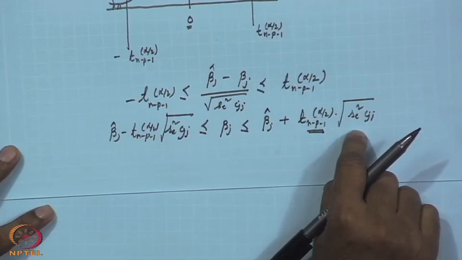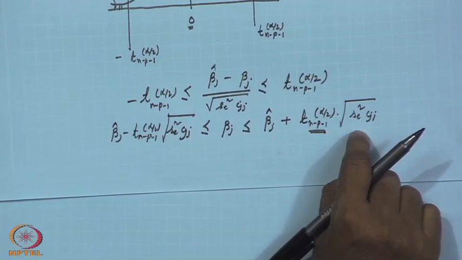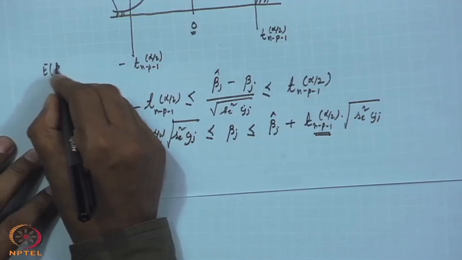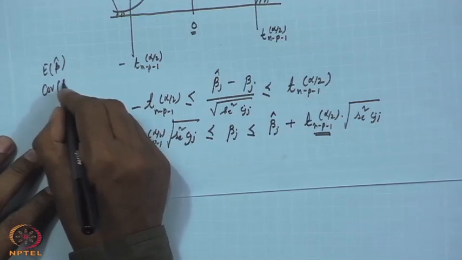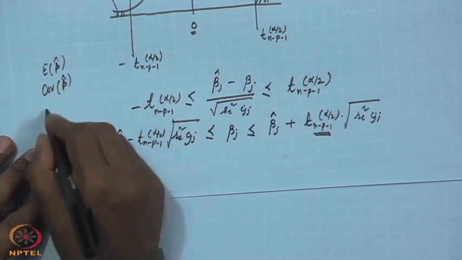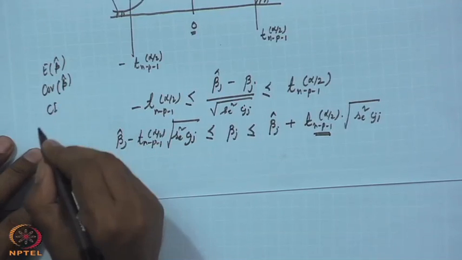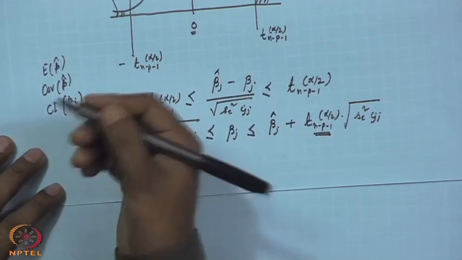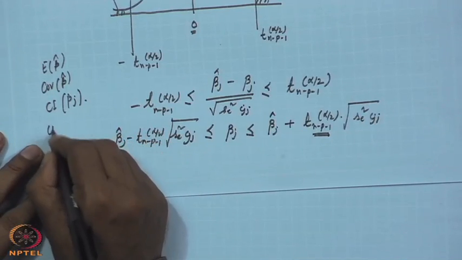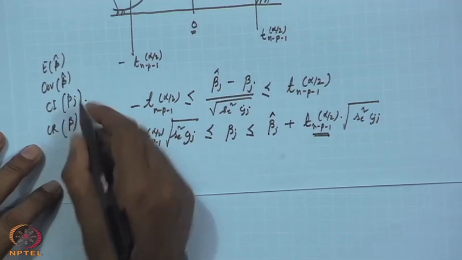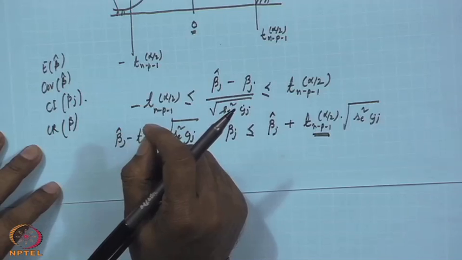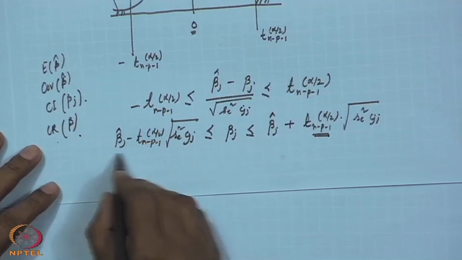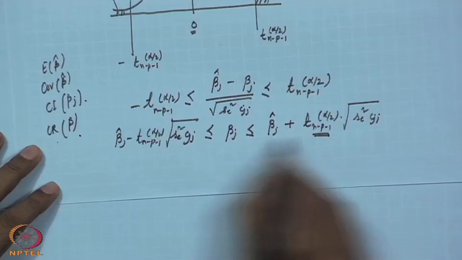So, what have we discussed so far? We found out the expected value of beta cap, the covariance of beta cap, and also the individual confidence interval for beta j. Also you know now the confidence region for beta with the help of beta cap, and from there using the Bonferroni approach you can use this equation.